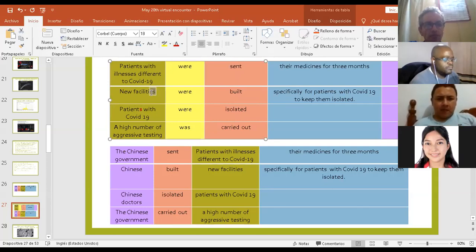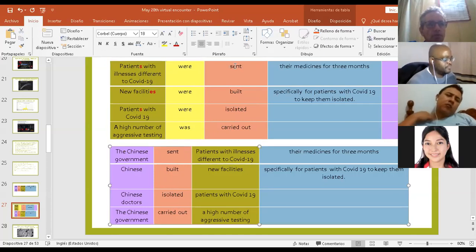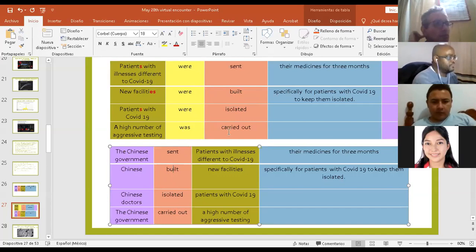What is the other part of the rule? We have the object first, then the past form of the verb to be, and then the past participle of the main verb in an active voice sentence. What happens here is that the past participle is the same as the past form for these verbs. But this is the past participle.